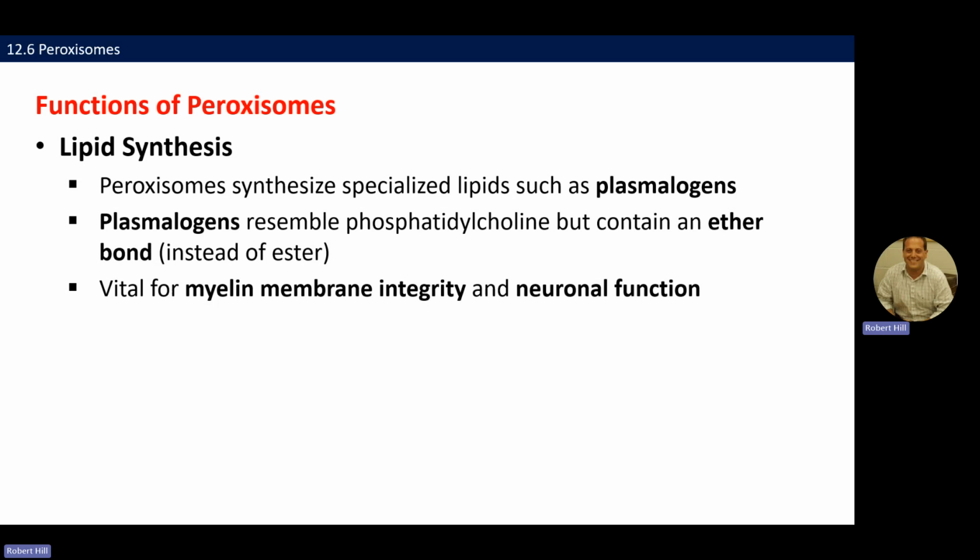So plasmalogens make up the myelin sheath that insulates the neuron. Very important structure in nerve conduction. Who's taken A&P and studying that? Right, the voltage gated channels that produce that ion exchange. Without that myelin integrity, you can't maintain the voltage gradient.